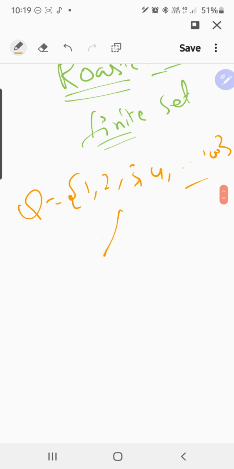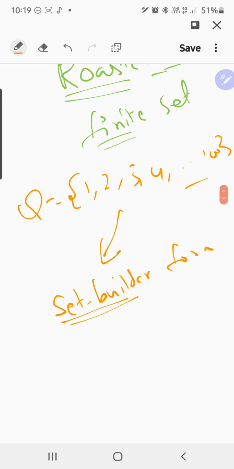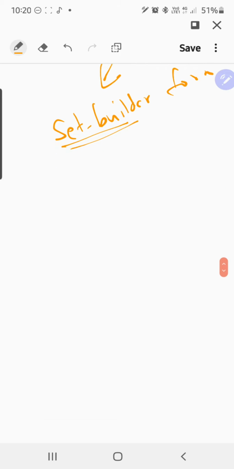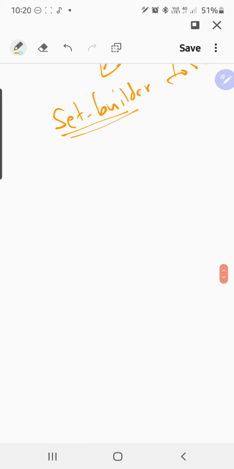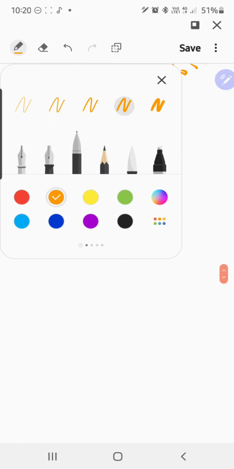So we come up with an idea that is called set builder form. What we are doing is analyzing this set and trying to understand what is there in it. So I will give you some steps you should follow to write anything in the set builder form.